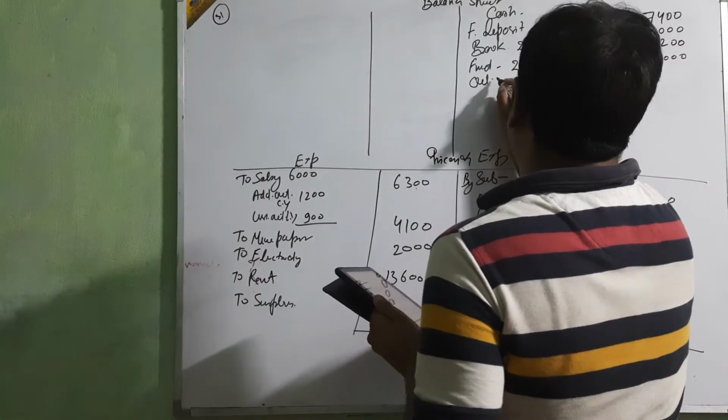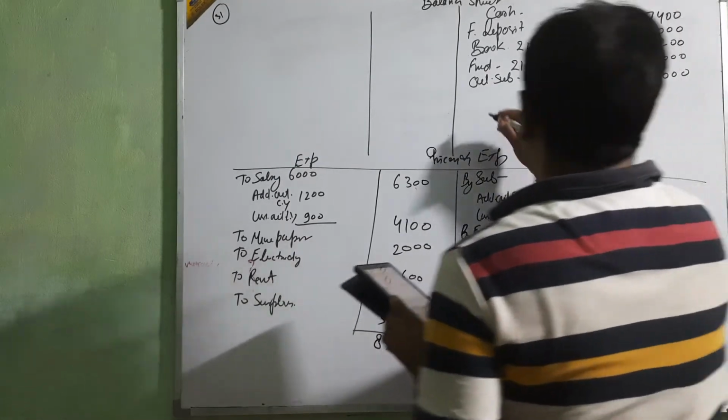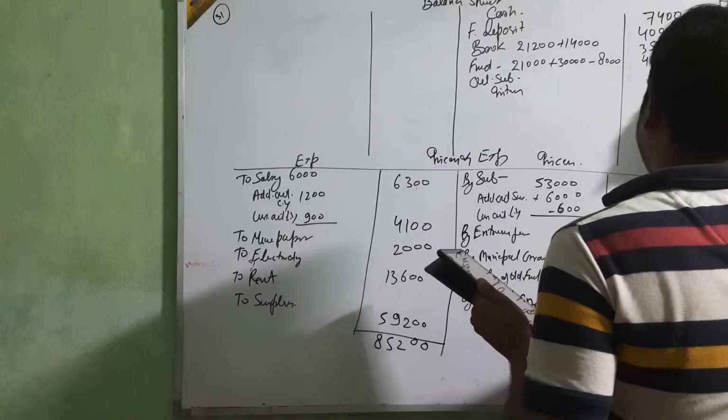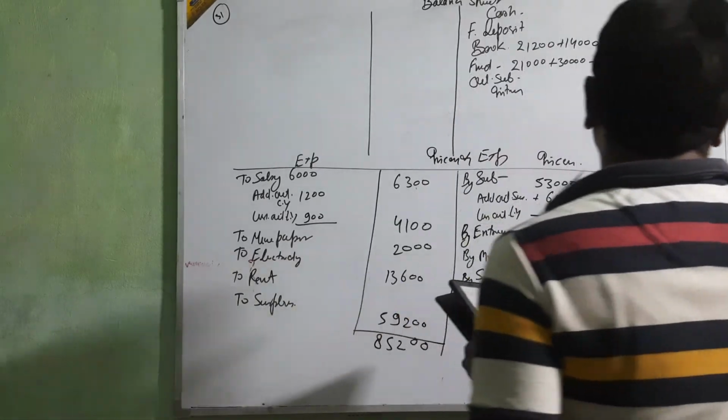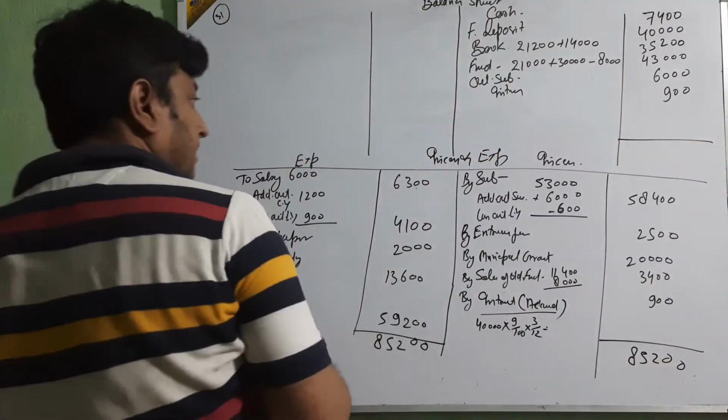Then outstanding subscription 6,000 and interest 900. Okay, beta? Interest 900. Nothing else?